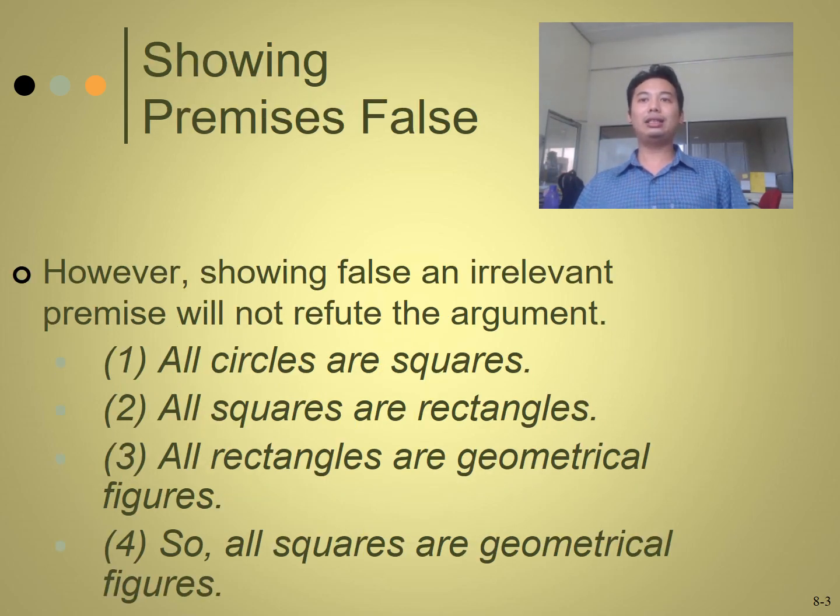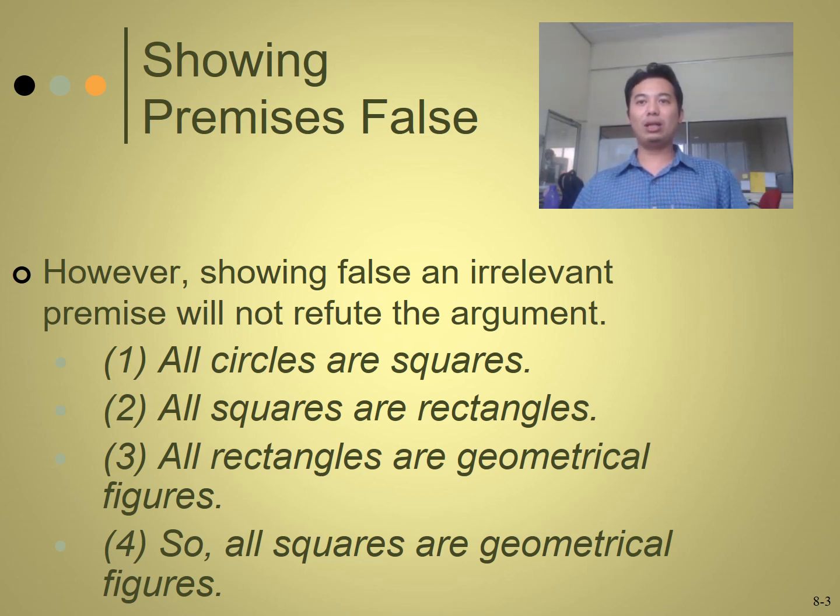All right, so let's have a look at this example. If you look at all these four statements, the fourth one is actually the conclusion. The first three are what we call the premises. The first one, all circles are squares, is false. I believe you would say that is false as well. If you say that is true, I don't know what to say. So ideally the first one is going to be false.